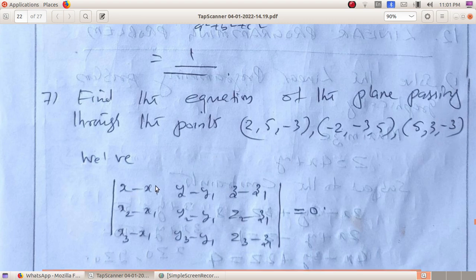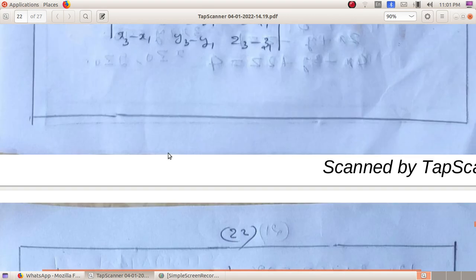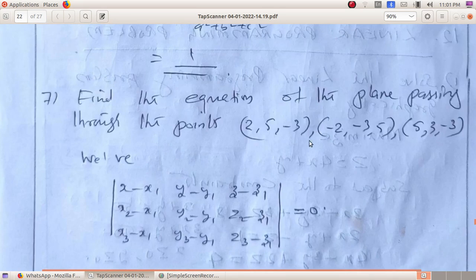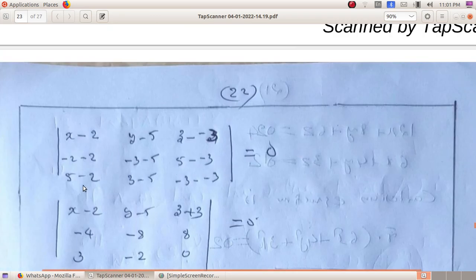So x minus x1, x minus 2, y minus 5, z minus minus 3. Okay. Then x2 minus x1, that is minus 4, minus 2 minus 2, minus 3 minus 5, 5 minus minus 3. Okay. Similarly, this line will be 0. x minus 2, y minus 5, z plus 3, minus 4, minus 8, 8, 3, minus 2, 0.